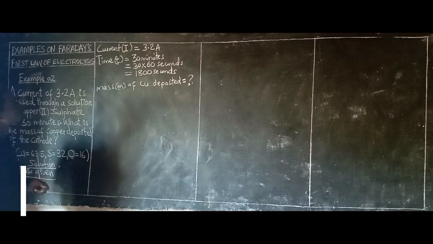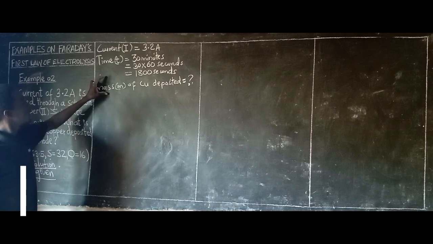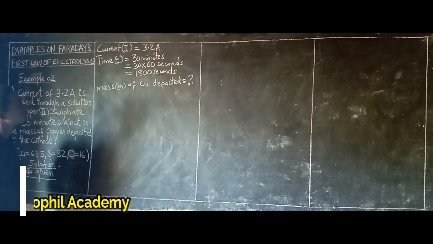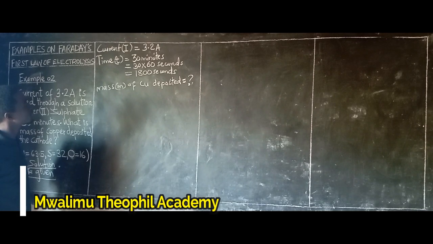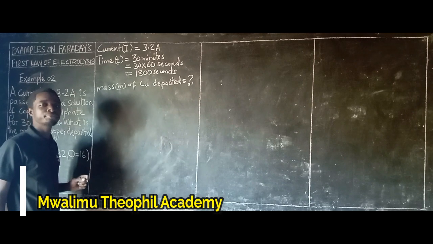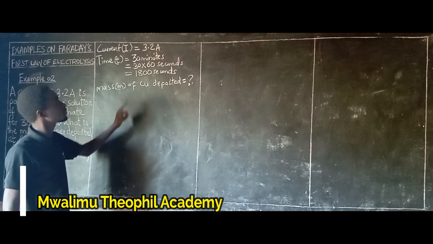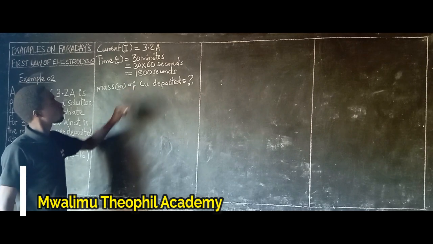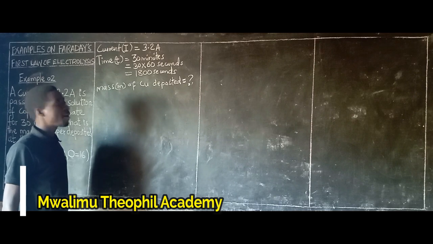Which approach are you going to use here? We may use the approach of firstly balancing the chemical equation, by considering the reaction which occurs at the cathode. As you know, at the cathode, copper ion is going to be reduced to copper atom.